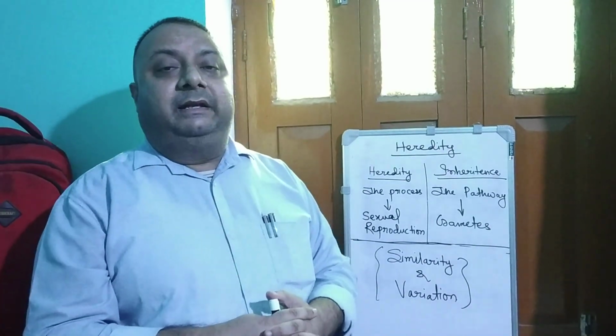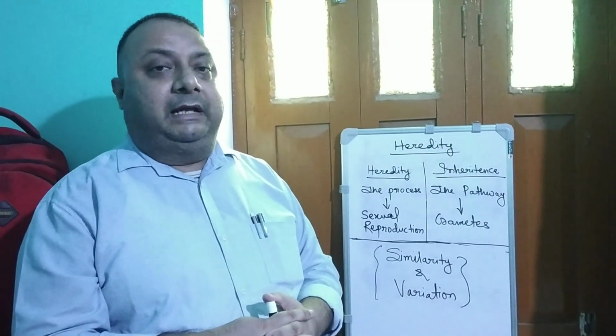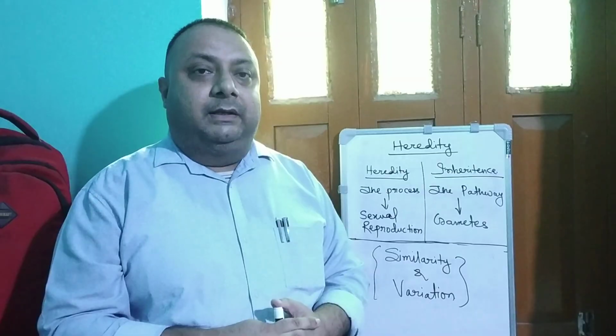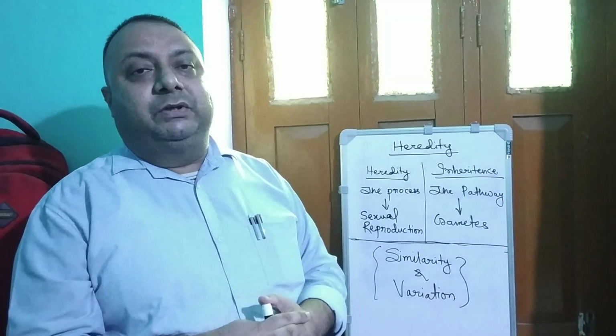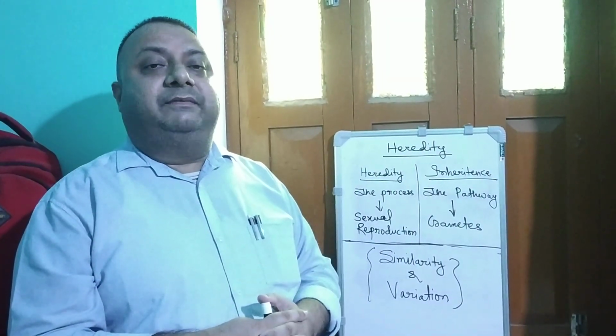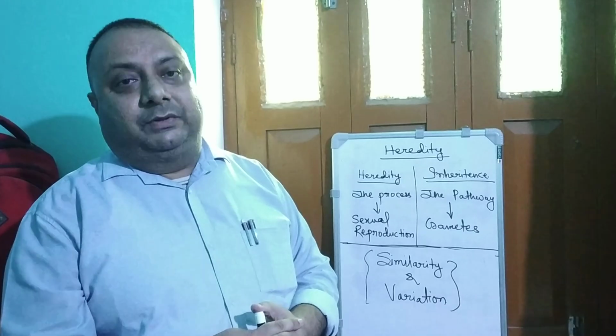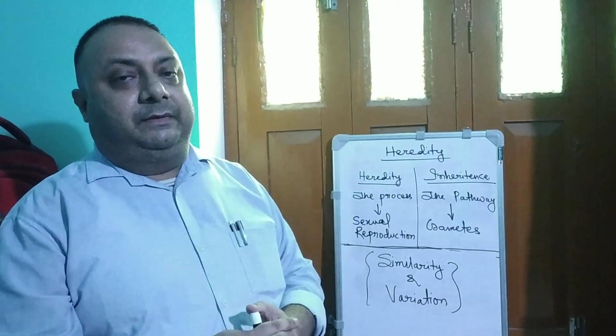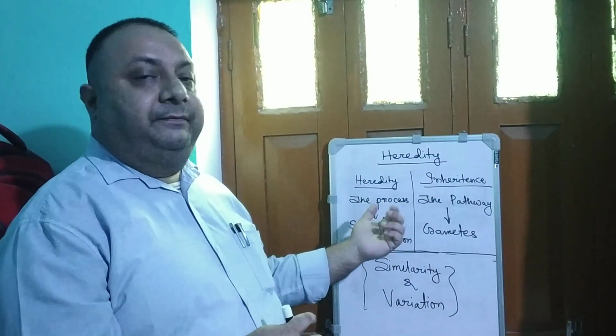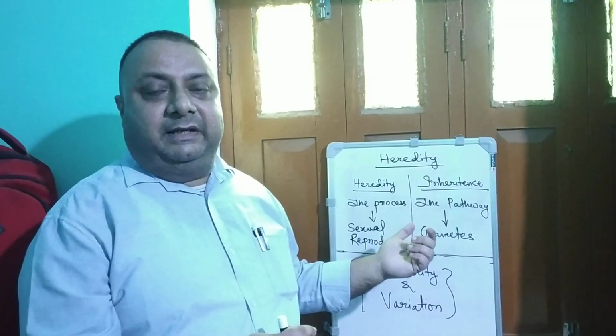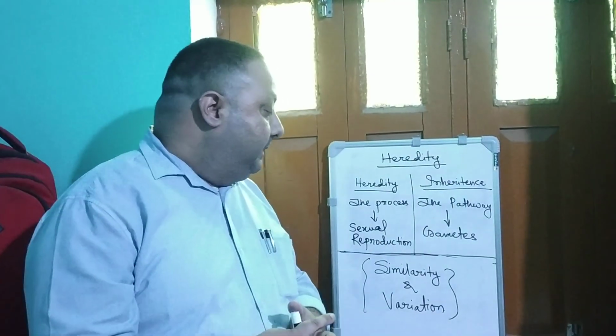As we know, the male gamete is sperm and the female gamete is ovum. So both the parents contribute and transfer their characters to the progeny during sexual reproduction. So here is the basic difference between the term heredity and inheritance.